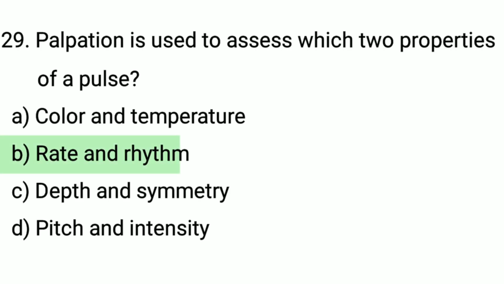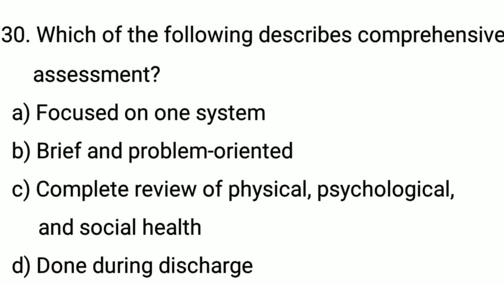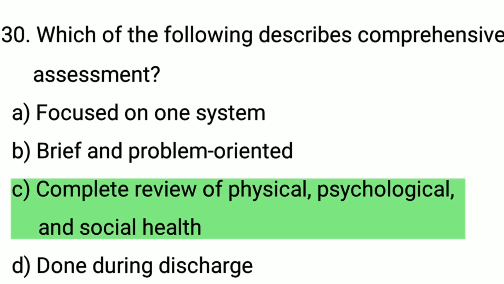The right option is option B, rate and rhythm. Question number 30. Which of the following describes comprehensive assessment? The right option is option C, complete review of physical, psychological, and social health.